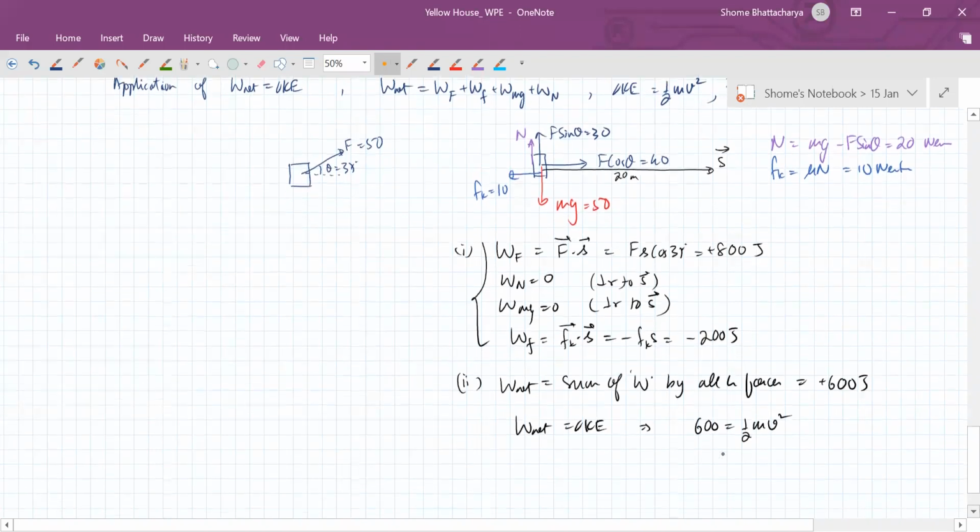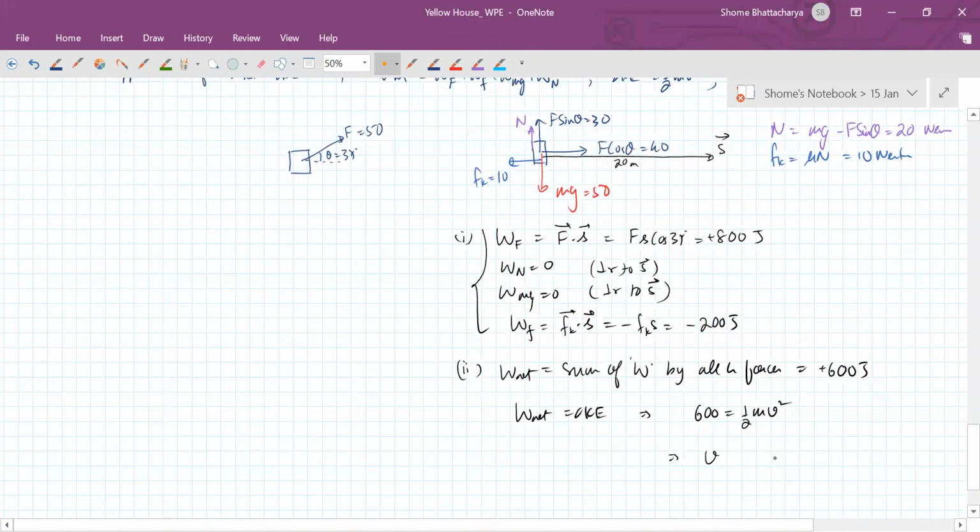So v will become square root of 2 into 600 divided by 5. So square root of 1200 by 5, or square root of 240 meters per second. Then we can factorize this. 240 we can write as 4 into 4 into 15.